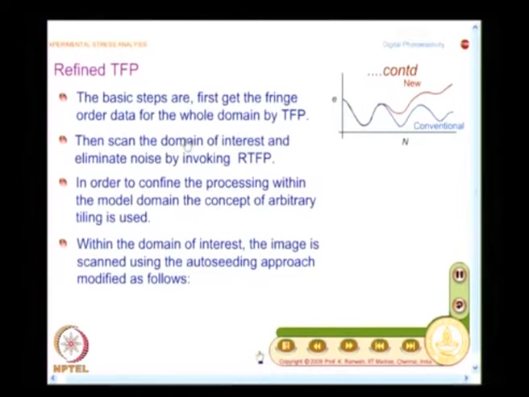So, what are the basic steps? First, get the fringe order data for the whole domain by TFP, then scan the domain of interest and eliminate noise by invoking RTFP, and you can also confine your attention within the model by using a tiling procedure. I am not getting into those mathematical details.